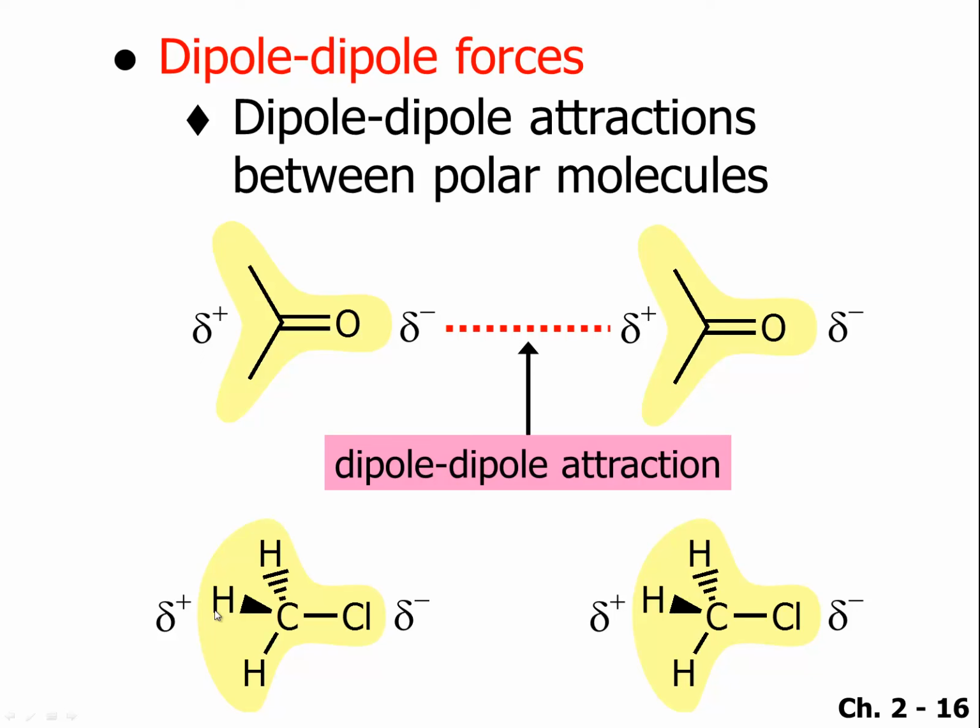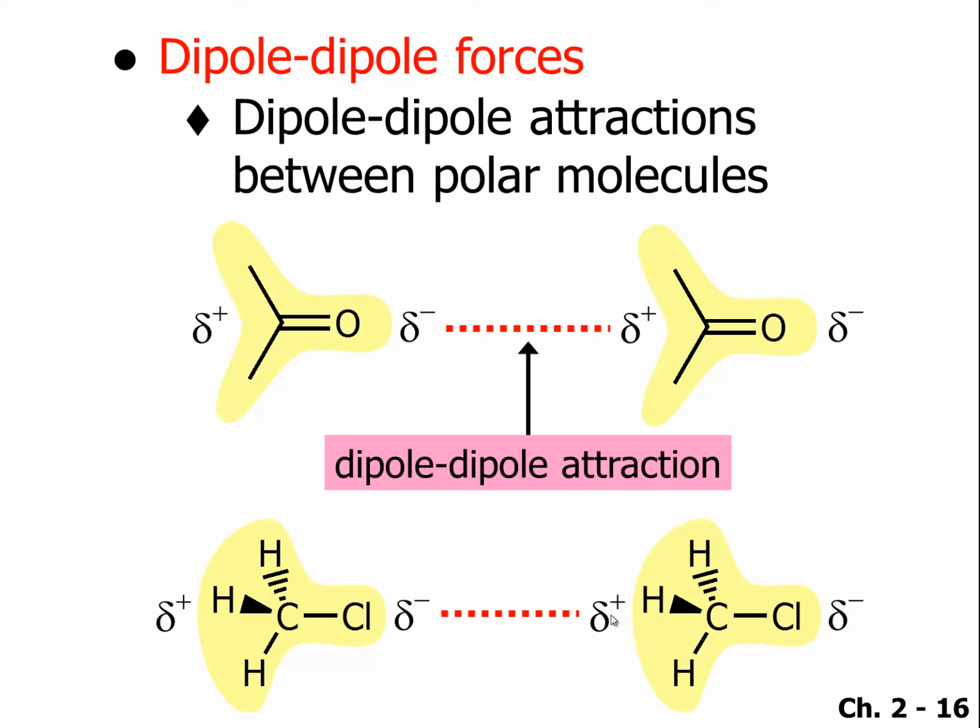So again, our dipole was coming up from the carbon through the chlorine, pointing in this direction, having the greater electron density on this side. On this side of our molecule, we had less electron density. And again, the more electron dense side is going to be attracted to the less electron dense side. And again, we're going to have that dipole-dipole interaction.